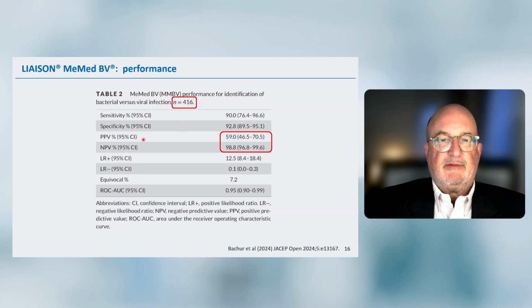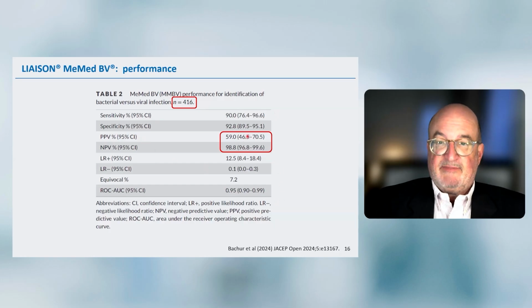And it was found that the negative predictive value was over 98%. The positive predictive value, as I mentioned earlier, was lower, about 59%. And this is the basic finding that you will see in many of the papers.